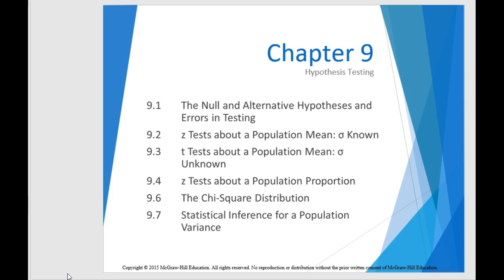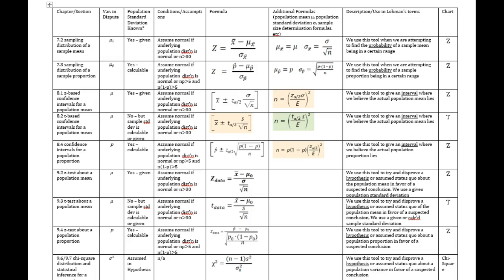And also have your grid out. The grid was this document, the one that I had just posted. I forget where I posted it in Springboard. It's either under Chapter 7 and 8 or maybe just under Unit 2. I think it's labeled Grid 7, 8, 9. This just has all the formulas that you're going to need for this unit.